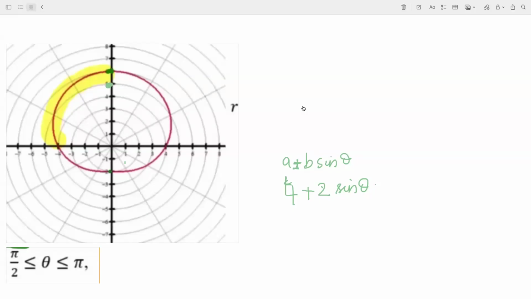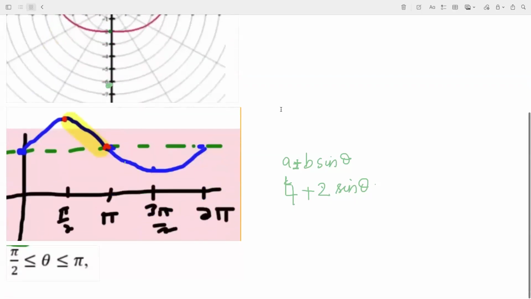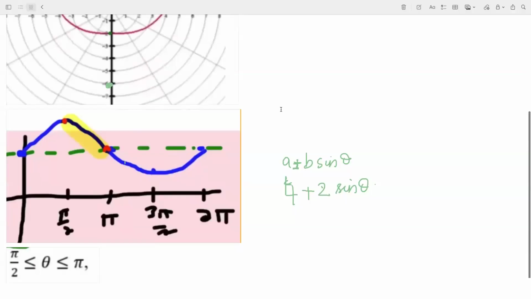Let me show you the corresponding rectangular format. You'll have to sit and draw it, but I have it here. Between pi by 2 and pi, the yellow highlighted line again. So is it positive or negative? It's positive. Is it increasing or decreasing? It's decreasing. Yep, that's right.